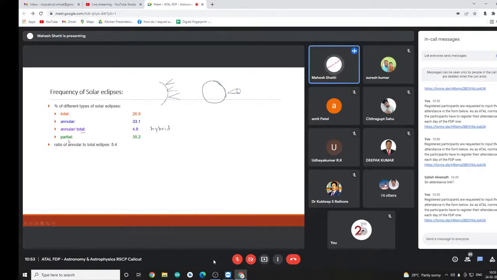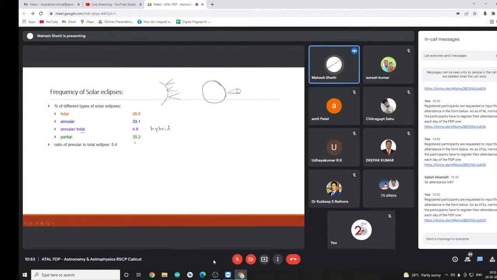This typically happens when the shadow is falling near the North Pole or the South Pole. Near the poles, when the shadow falls, you will not be able to see the total eclipse at all. The shadow is just missing the North Pole or South Pole, and those regions are still coming in the penumbral shadow, and penumbral shadow region means the people over there will be able to see the partial eclipse.